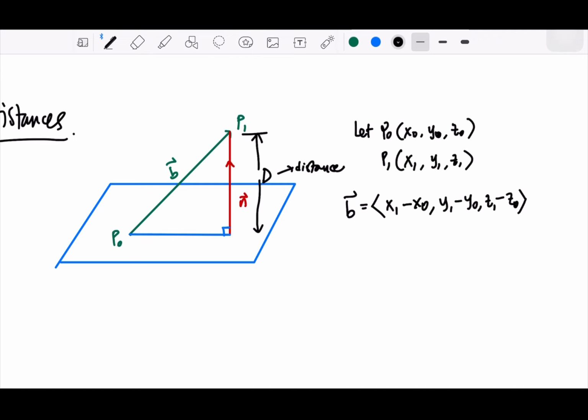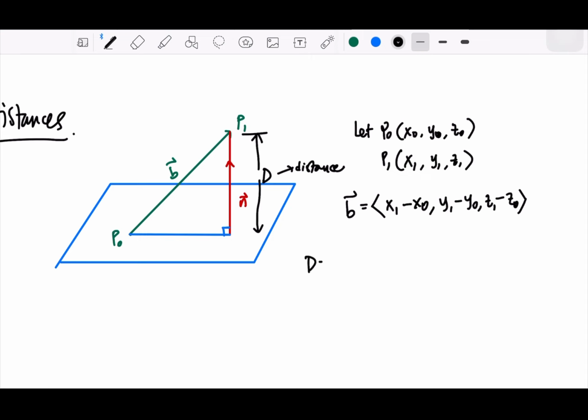If you remember, this distance is actually similar to what we have done in the previous section on the dot product, in which we can have the projections, the vector projections. We can project the vectors.